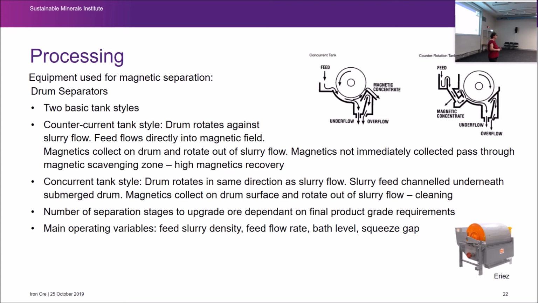So lower feed density is really important for cleaning stages, to make sure you don't have a lot of entrainment of non-magnetic particles. Feed flow rate or hydraulic capacity is another consideration, as well as your bath level, which determines how deeply the slurry is submerged in the rotating drum, and your squeeze gap, which is your off-take point of the magnetics from the drum.